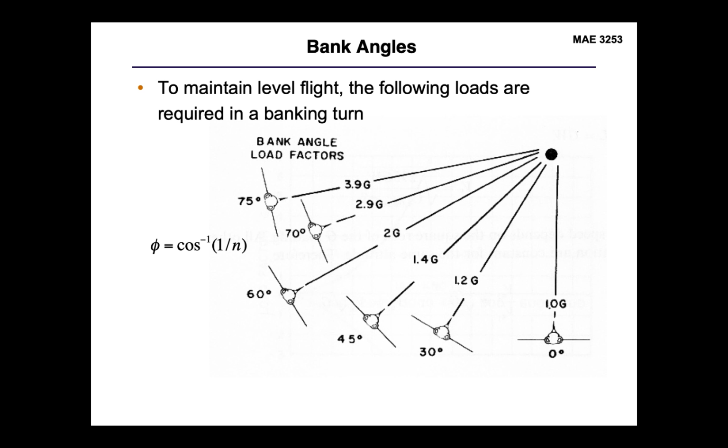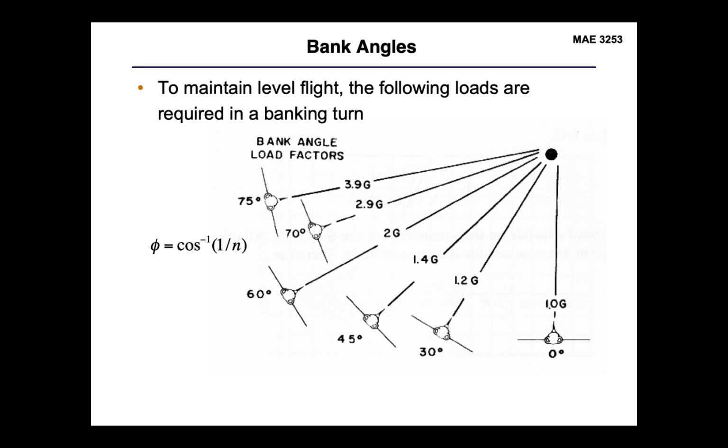So for example, if we're going to bank at an angle of 45 degrees, that means our load factor is going to be equal to 1.4 times the weight of our aircraft, or 1.4 Gs. So we're going to be creating 40% more effective gravity acting on our aircraft, or at least that's what the passengers and pilot are going to feel, as well as the structure of our aircraft.